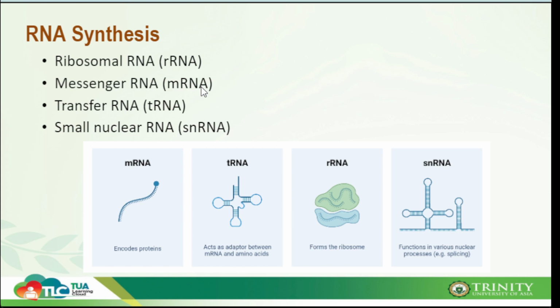Okay? Siya yung may dala-dala ng protein information. Yung tRNA, also known as transfer RNA. Why is it called transfer RNA? Because it transfers the amino acid, later on, malalaman natin. And then lastly, small nuclear RNA, which is not important in this discussion.